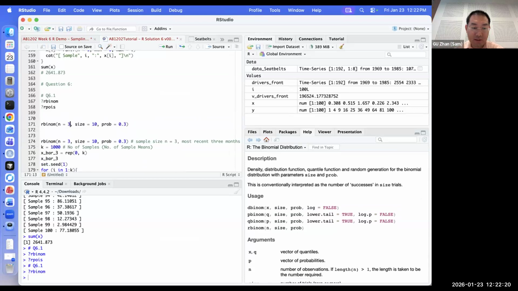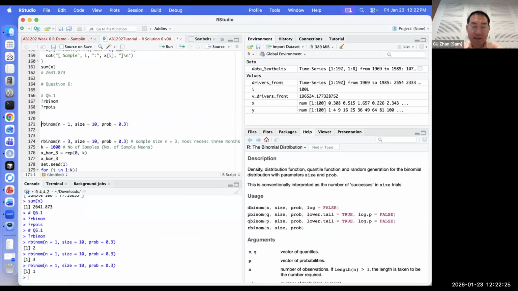Let's try n equal to 1. That means I want to get 1 value, and we have 10 trials, size equal to 10 trainees. Each trainee has a probability of graduating of 0.3, independent of each other. So trainee Sam has a 30% chance of passing, trainee Jesse 30%, trainee Lily 30%.